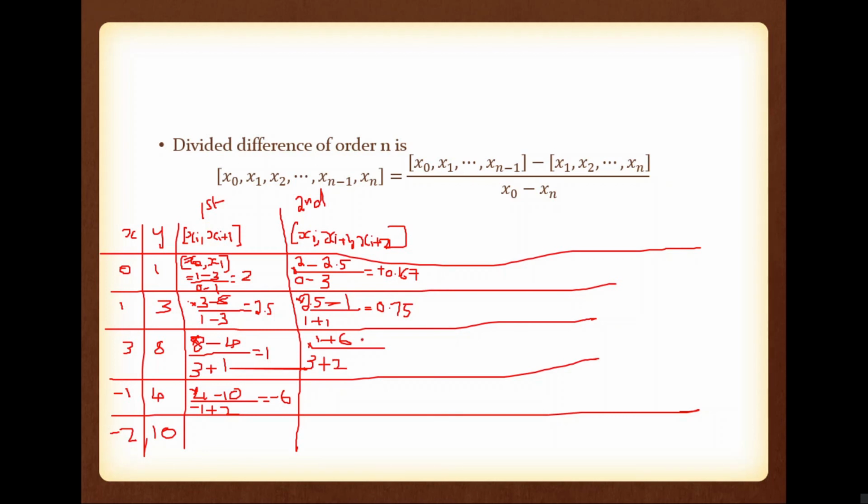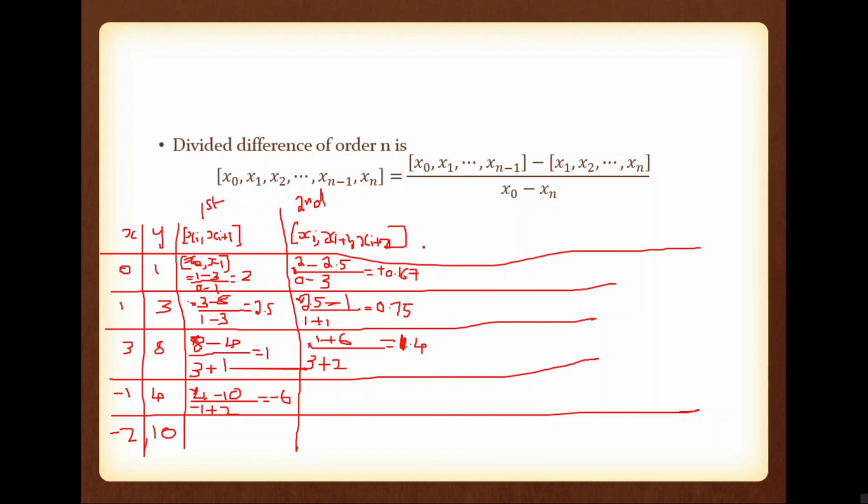So 7 by 5. 7 by 5 is 0.14, right? No, 7 by 5 is 1.4, right? 1.4. Am I correct? Okay. So 7 by 5, 1.4.